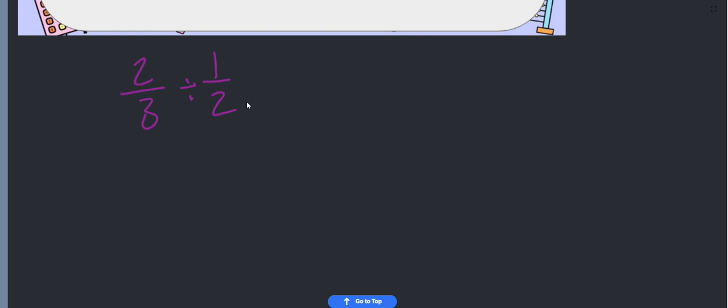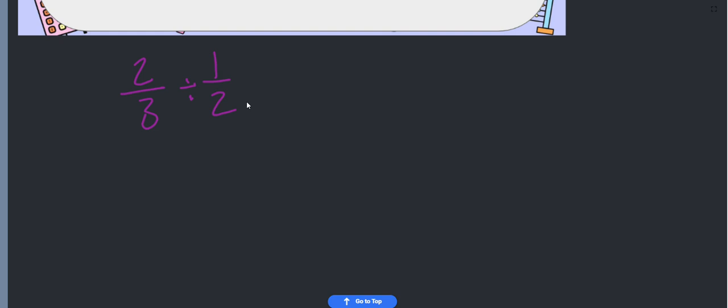But when we're talking about the process of doing this, we are going to multiply by the reciprocal. Dividing by 1/2 is actually the same thing as multiplying by 2. So dividing fractions, multiplying by its reciprocal is the same thing. You may also hear people call this copy dot flip. Multiply by the reciprocal.